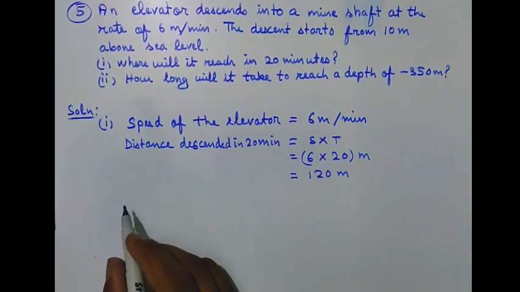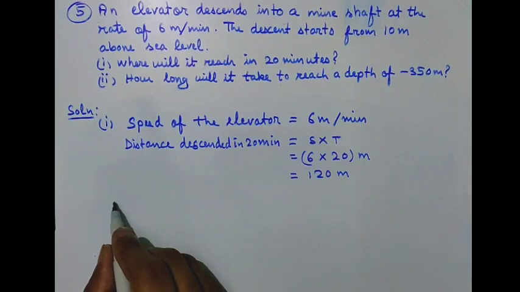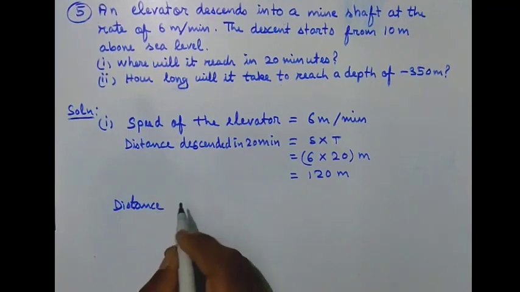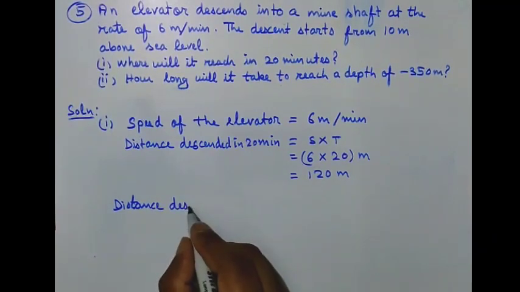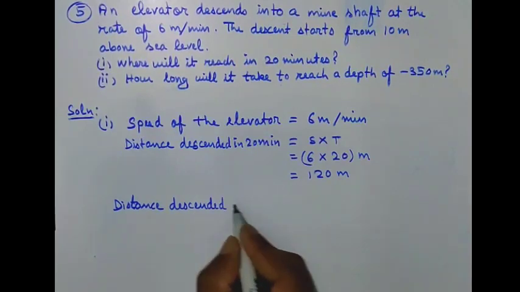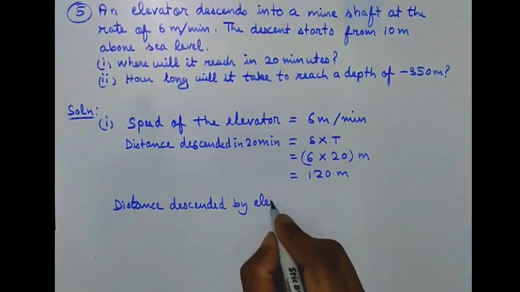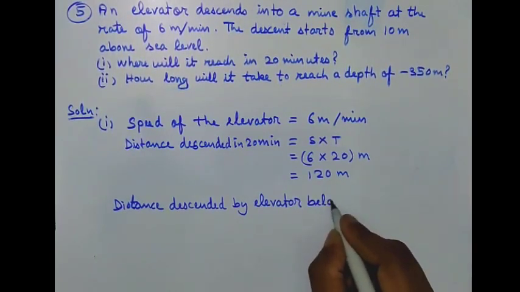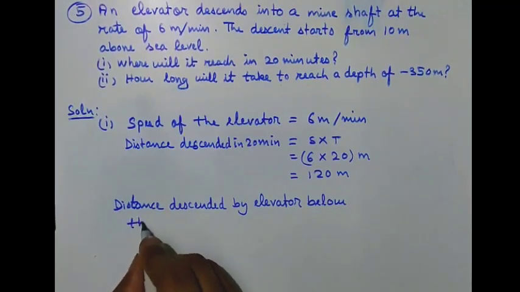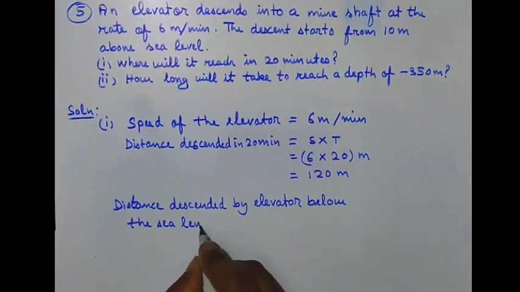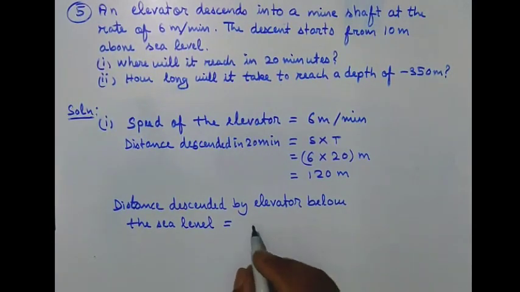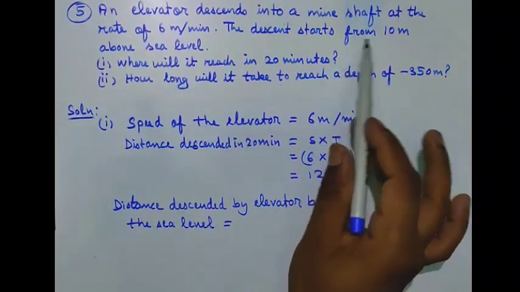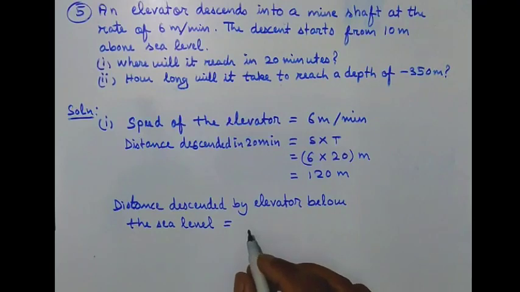So the distance descended by the elevator below the sea level will be equal to the distance descended, minus that 10 meter above the sea level.